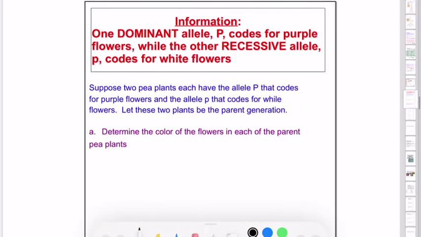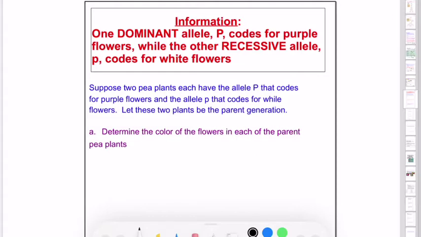So let's try one of these out. So it says our information, one dominant allele is big P, codes for purple flowers, while the other recessive allele, little p, codes for white flowers. It says suppose two pea plants each have the allele big P that codes for purple flowers and the allele little p that codes for white flowers.